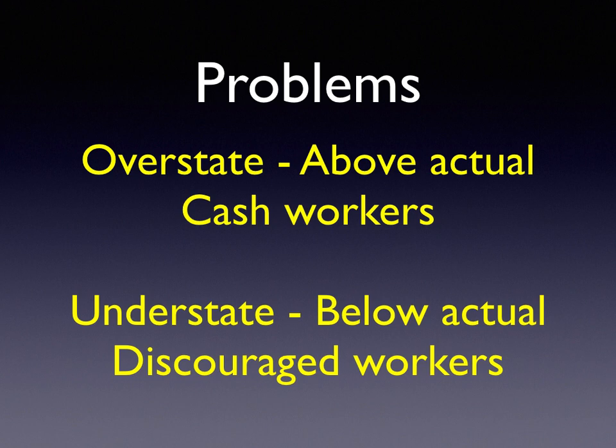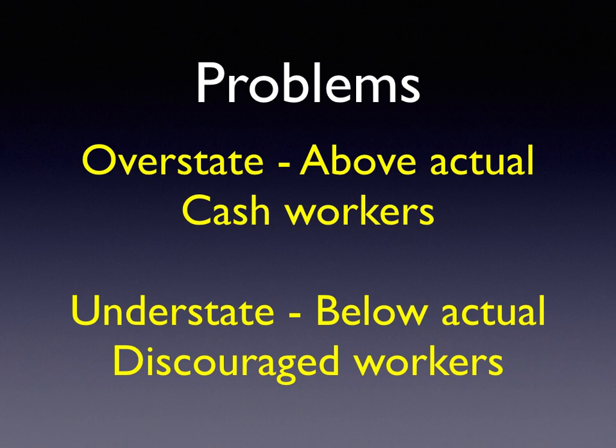Yeah, it could be, because we know that there are workers that work for cash, that they report as being unemployed, but they're actually working for cash. So if I say the unemployment rate is 5% after we recognize those employees that are working for cash, it actually is more like 4%. So in that case, the unemployment rate is overstated.